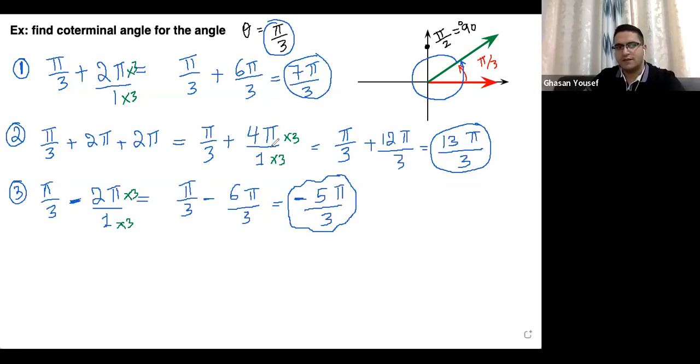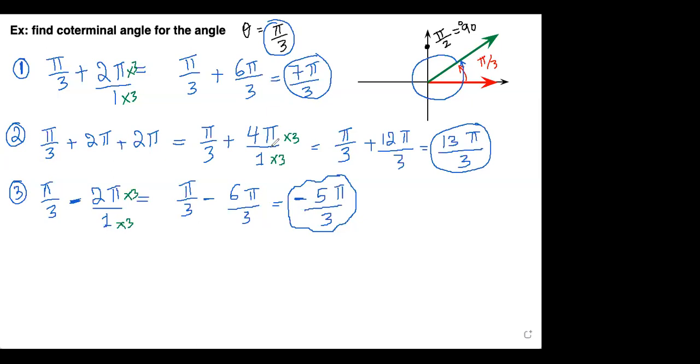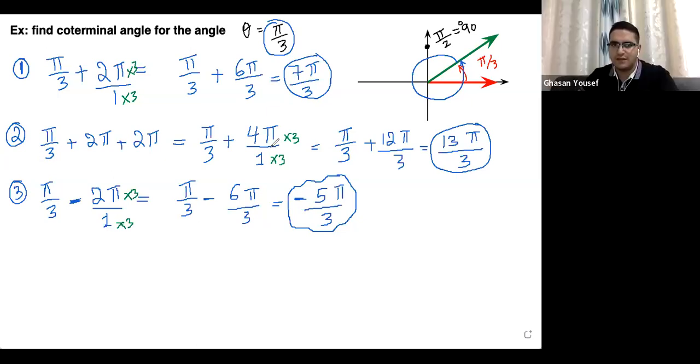The question would be clear: find 2 angles that are coterminal to the angle given in your question. It will be direct and not confusing.